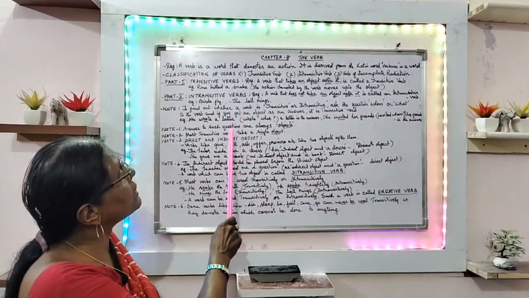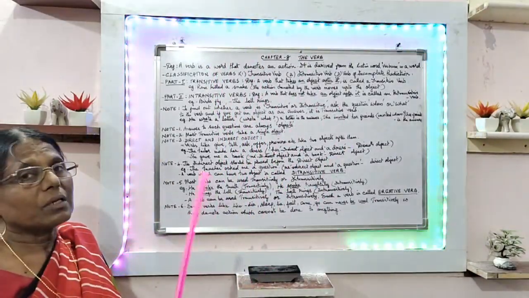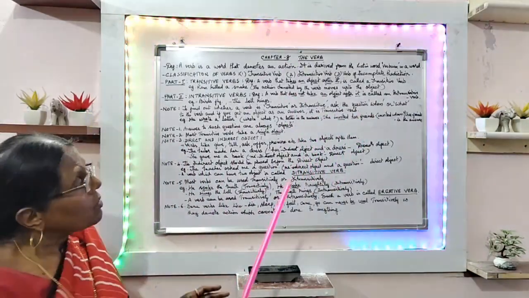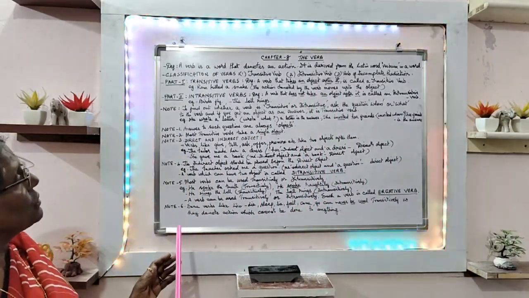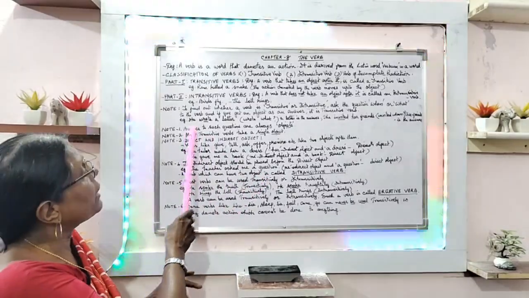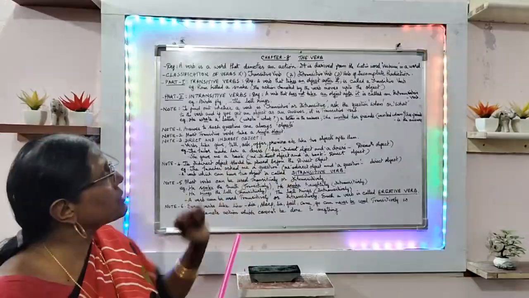The next note I have given: to find out whether the verb is transitive or intransitive, how to find out? You need to ask a question, whom or what. When you ask, you get an answer to that. That will be the object. He wrote a letter. Wrote what? A letter.